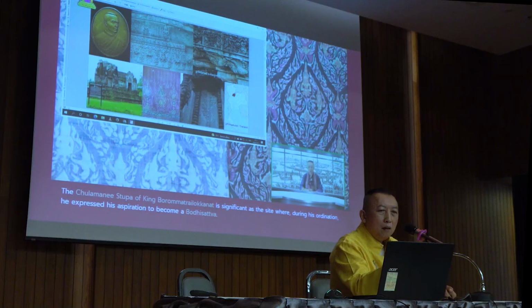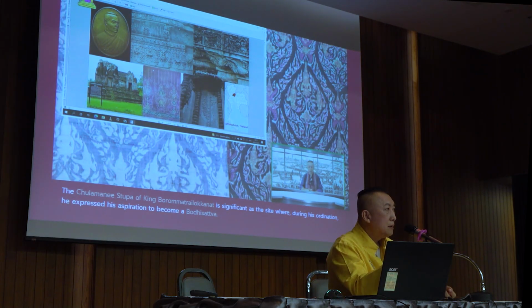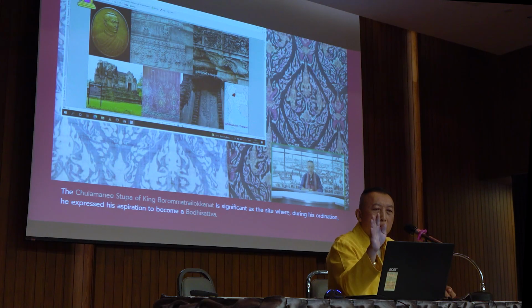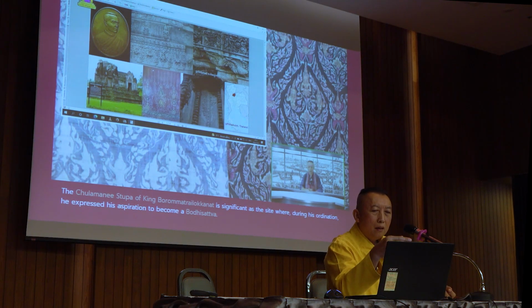This is the evidence of the Chulamani Stupa in Phitsanulok, where King Borommatrailokanat was ordained and expressed his aspiration to become a Bodhisattva.